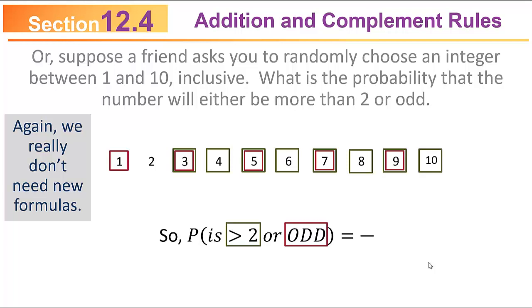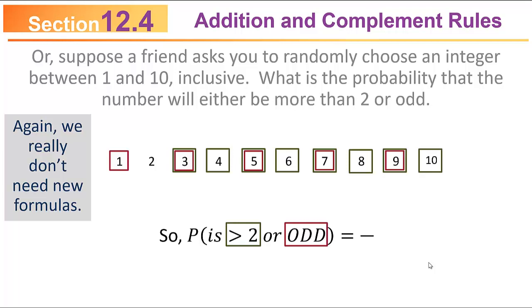So any choice I made that gets chosen is a possibility. The only thing that didn't get chosen, if you look at it one way or the other, is the number 2, because 2 is not greater than 2. Also, 2 is not odd.